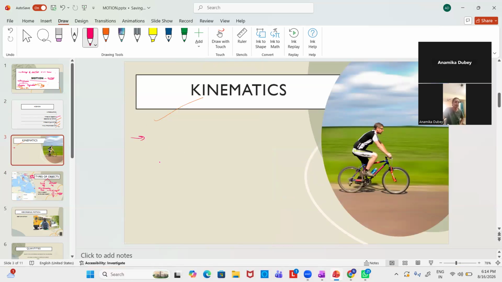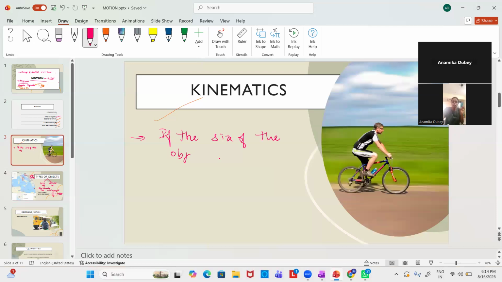Understand. If the dimension or size of the object is much smaller than the distance from where it is being observed. I repeat, if the size of the object is much less than the distance from where it is being observed. Simple thing.